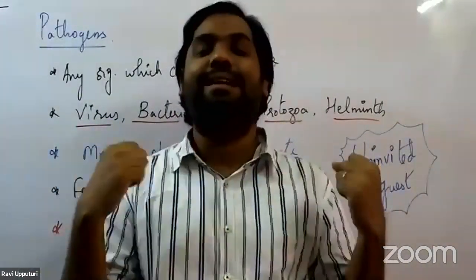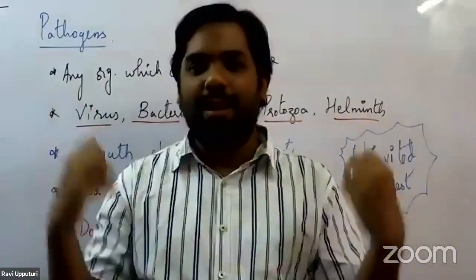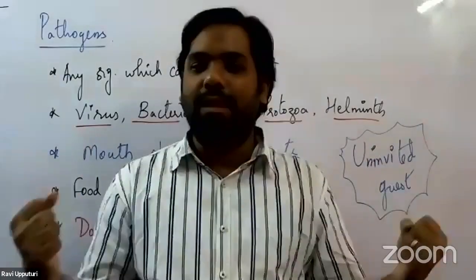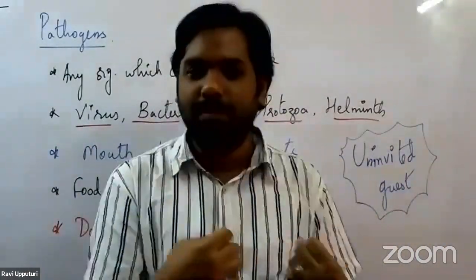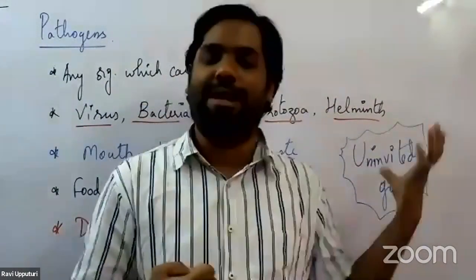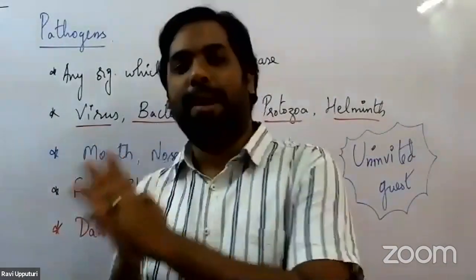Our body will start defending against this uninvited guest or the pathogen. With the help of our neuroendocrine system as well as the immune system, together they bring about some sort of defense in our body, thereby protecting the host from any sort of diseases or infection. Right? So this is what we have with the topic called pathogens.